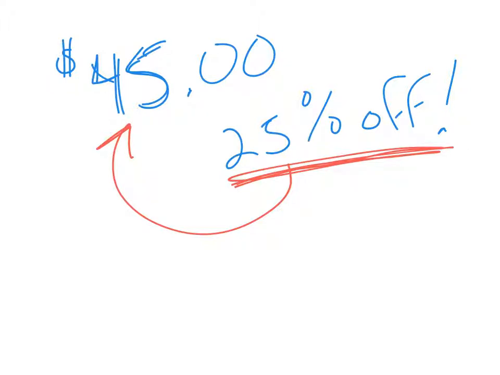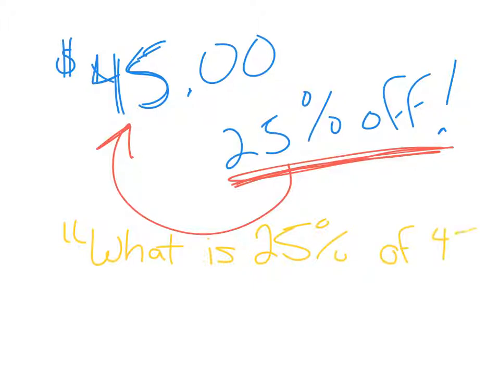So what we have to first ask ourselves is this famous question that we've seen before: what is 25% of 45? Hopefully that looks familiar, and we can go back to using our proportions to solve for that.